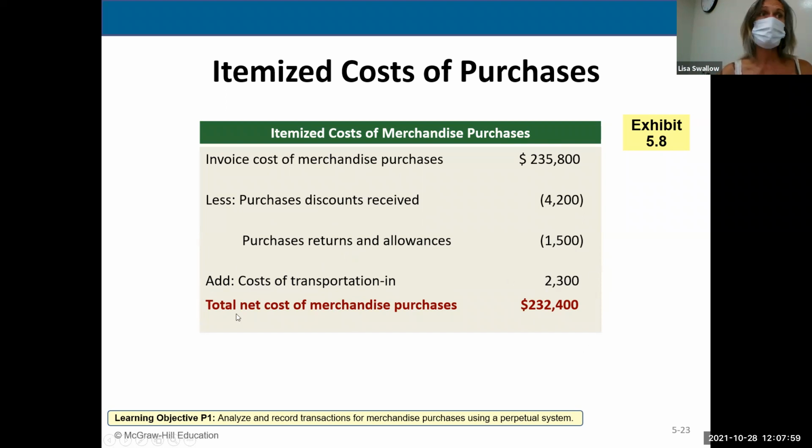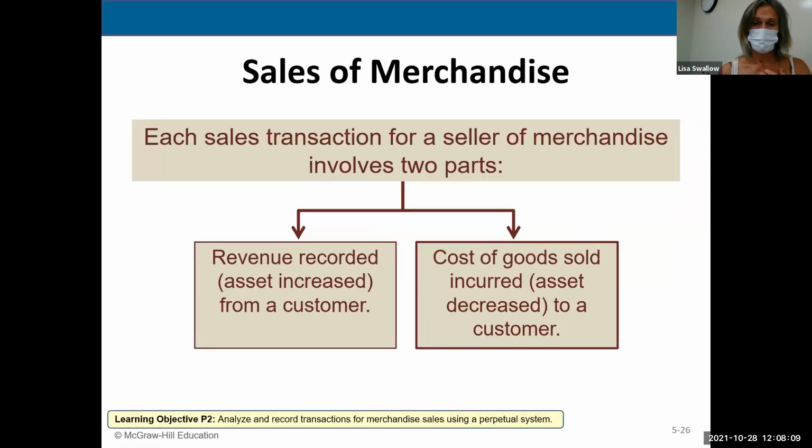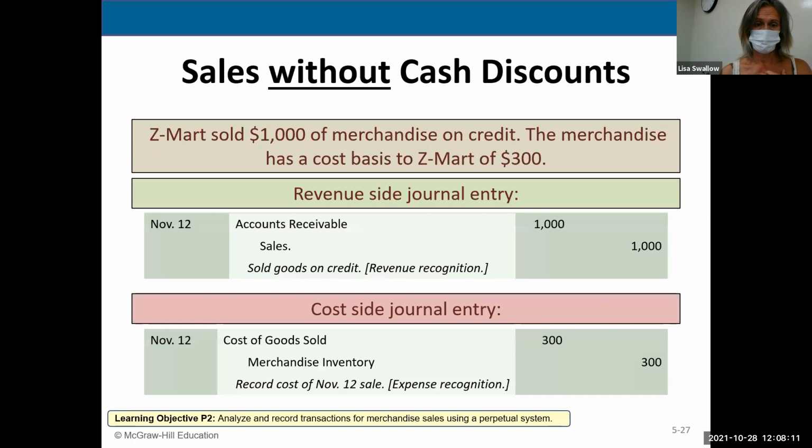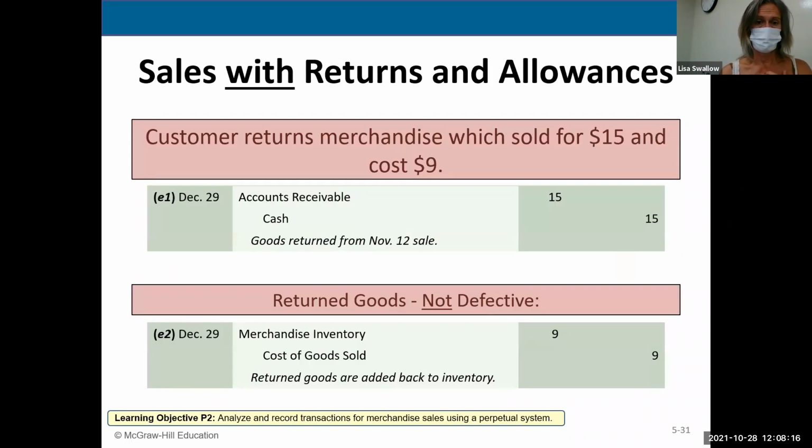That all goes into the cost of the inventory. Okay, we've done that. We've done this.